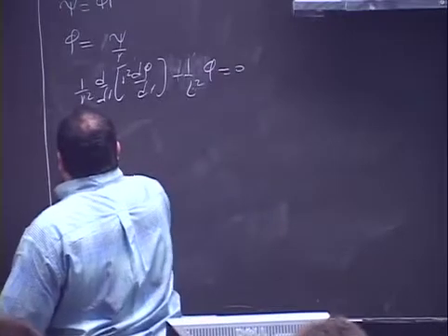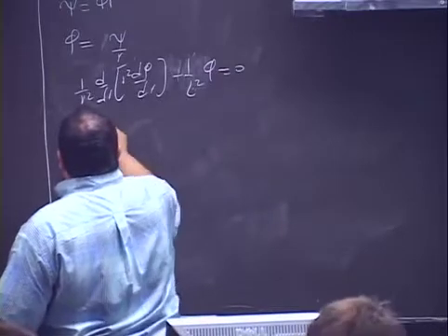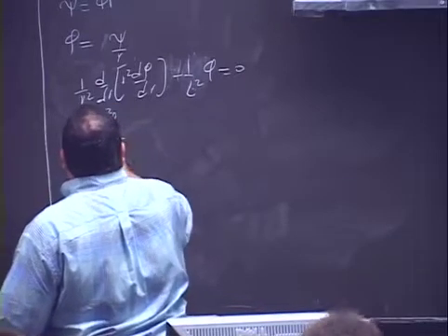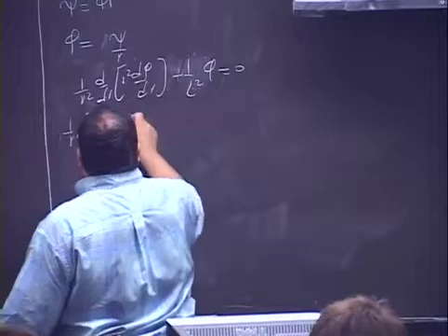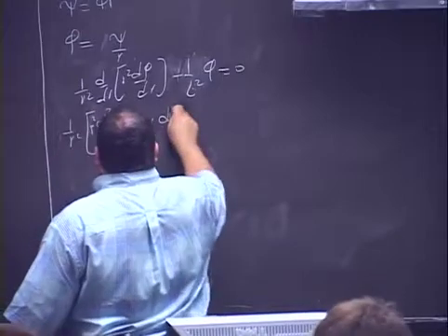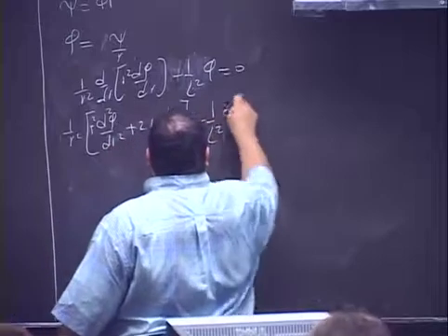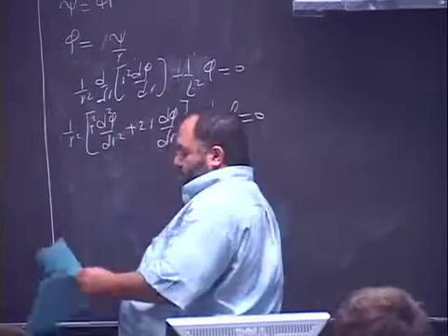Expand this, so this would be 1 over r square d2 phi by dr square multiplied by r square plus 2r d phi by dr, minus 1 over L square multiplied by phi equal to 0.